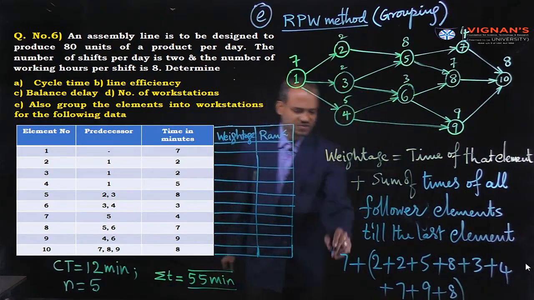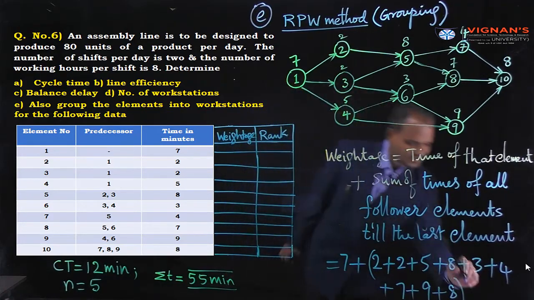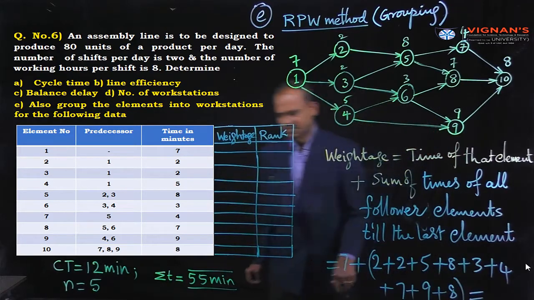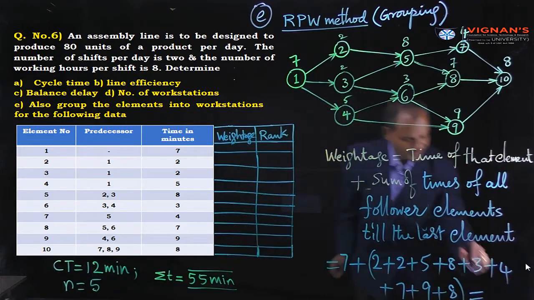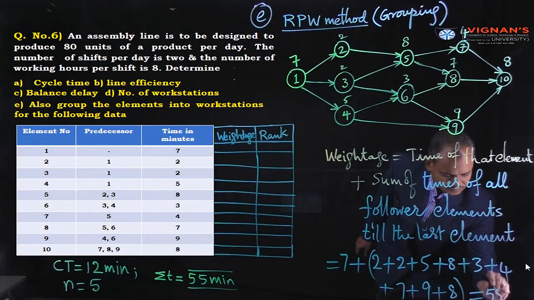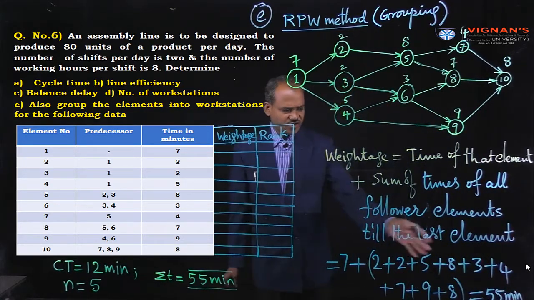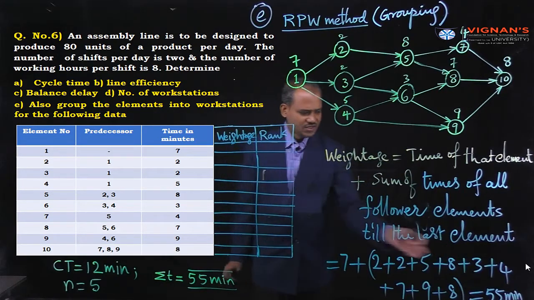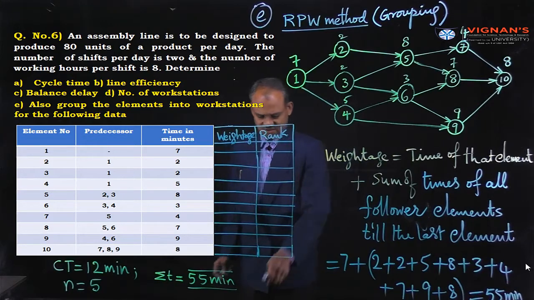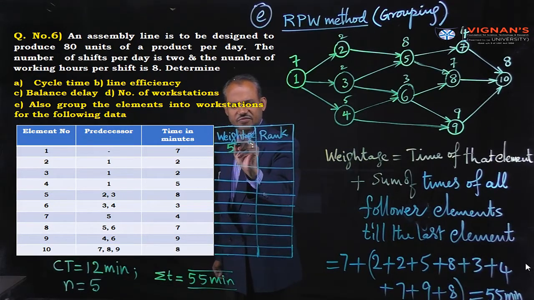It becomes how much? You can observe sigma t is equal to 55 minutes. Therefore, the weightage of element number 1 is 55 minutes. Then you can mark 55 in this row.